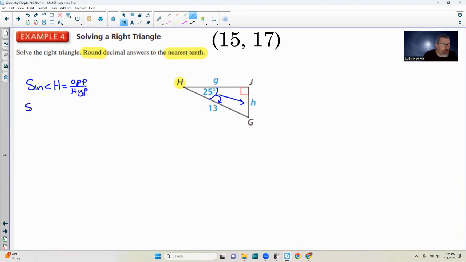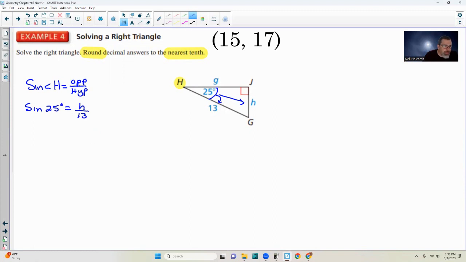So the sine of angle H equals the opposite, which is H. Actually, the sine of H, I'm substituting givens now. The sine of 25 degrees equals H over 13.